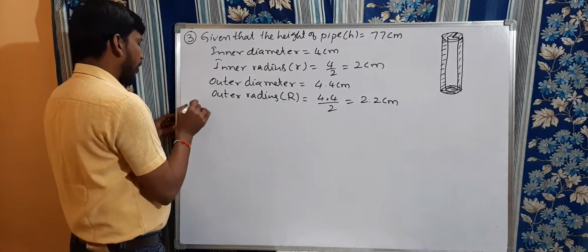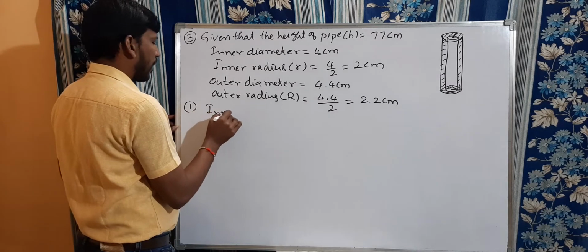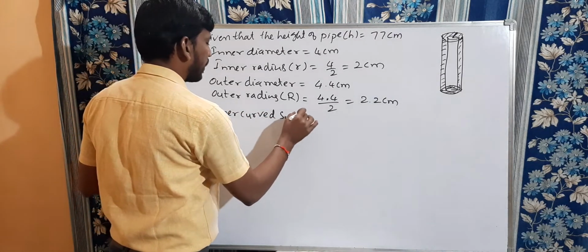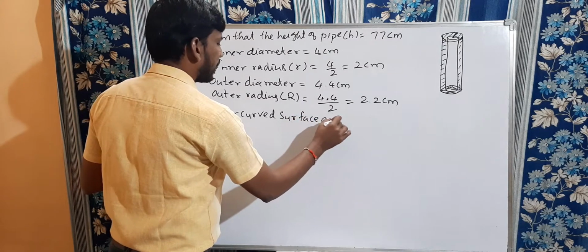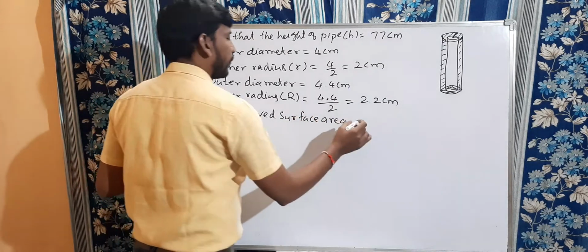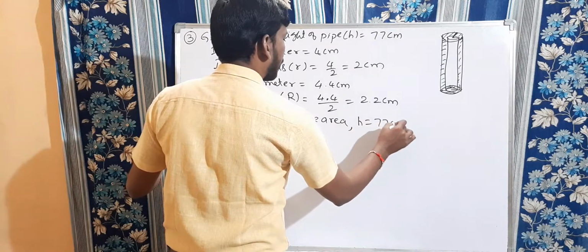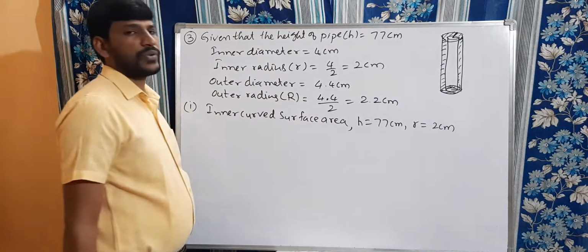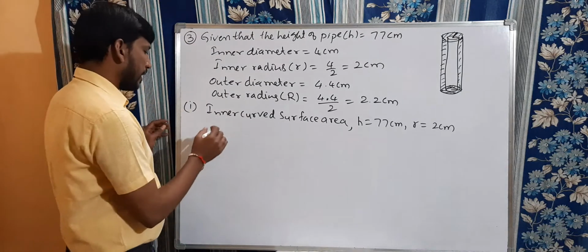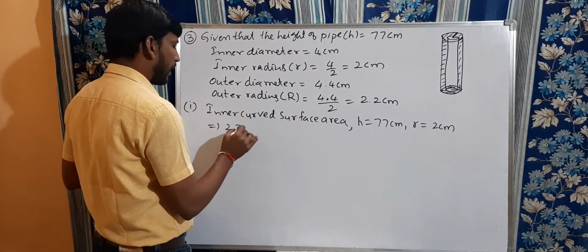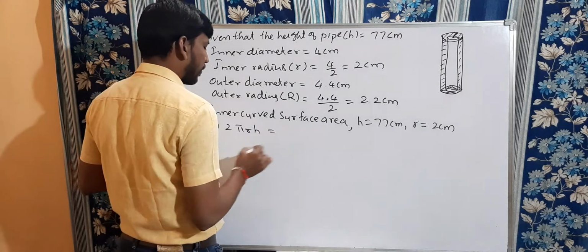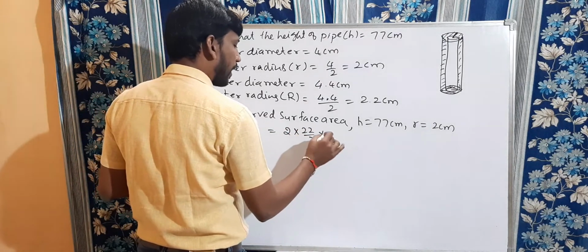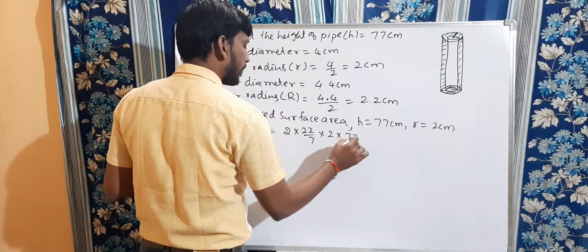First of all, we are going to find the inner curved surface area. For this, h is equal to 77 centimeter and small r is equal to 2 centimeter. So what is the curved surface area of a cylinder? CSA of cylinder is 2 pi r h, which is equal to 2 into 22 by 7 into r value 2 into 77 h.